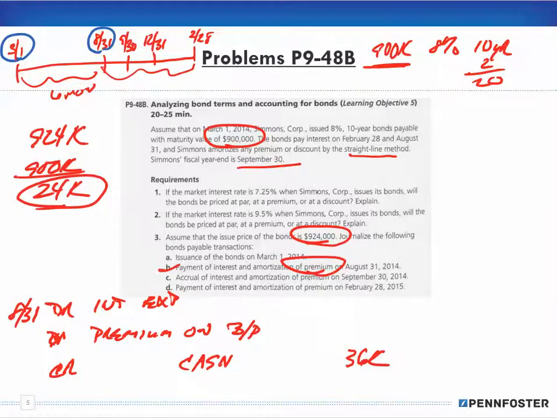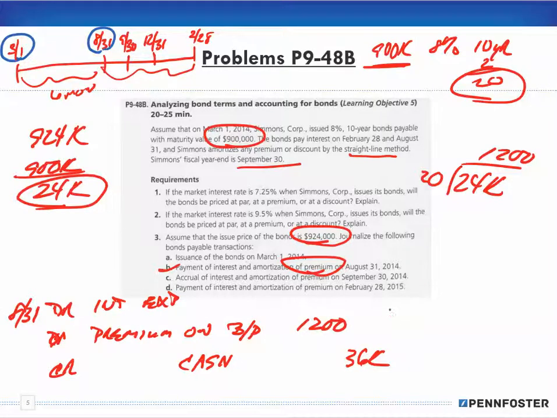And 24,000 divided by the 20 periods that we're going to have for the interest gives us $1,200 for each period that we're amortizing straight line on the bond.